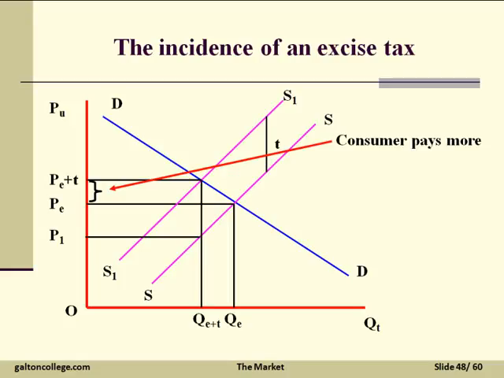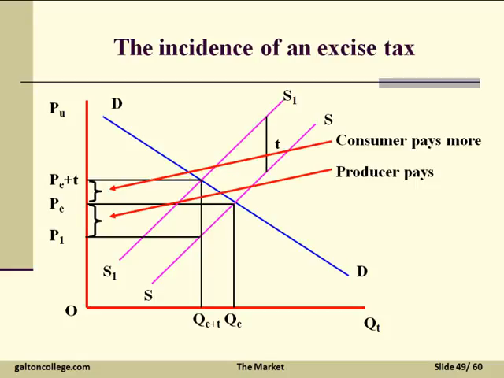That was the old supply curve. So the producers would have got P1, and the consumers the price would have been PE. So now, in effect, the producers are paying some of the increase in the taxes, as indicated in the diagram, and the consumers are paying some more.